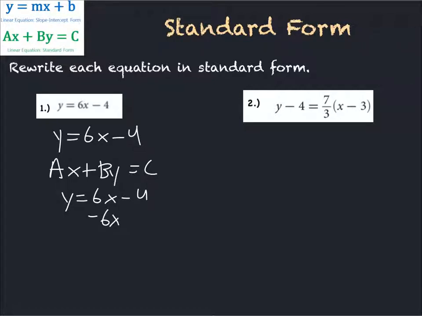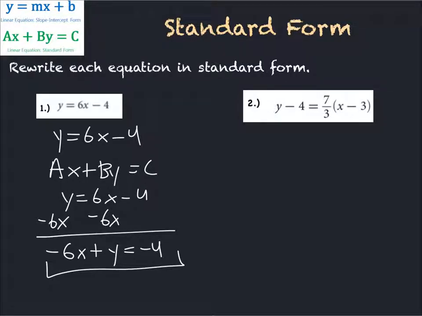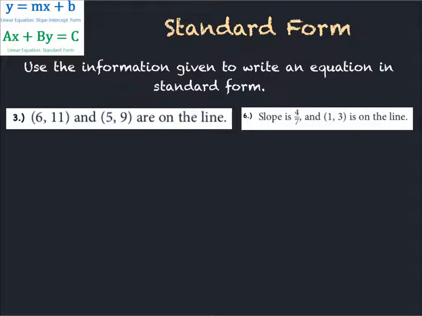And this is why we went over literal equations a couple weeks ago. It should help you with things like this. That would give you negative 6x plus y equals negative 4. That is now in standard form. And that is all you would need to do. Just remember your literal equation module. Look back on that video if you had trouble with literal equations and manipulating equations and solving for specific variables.